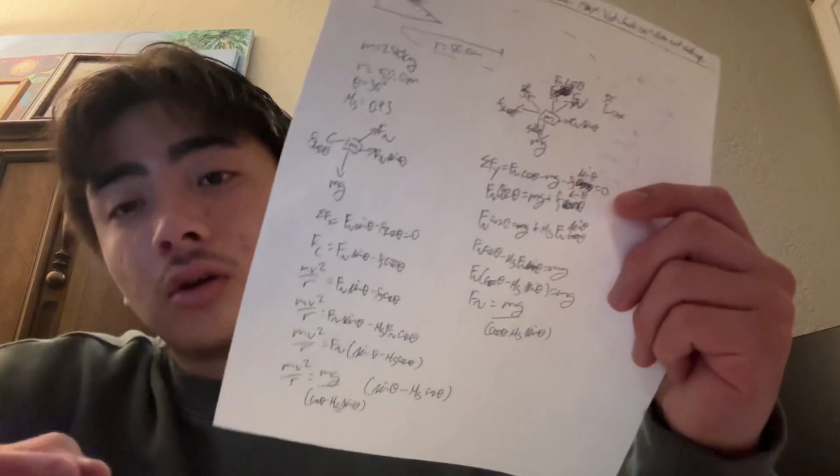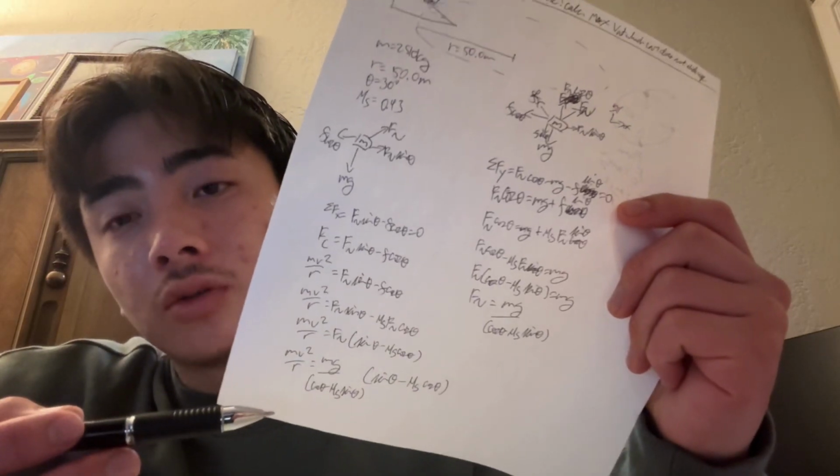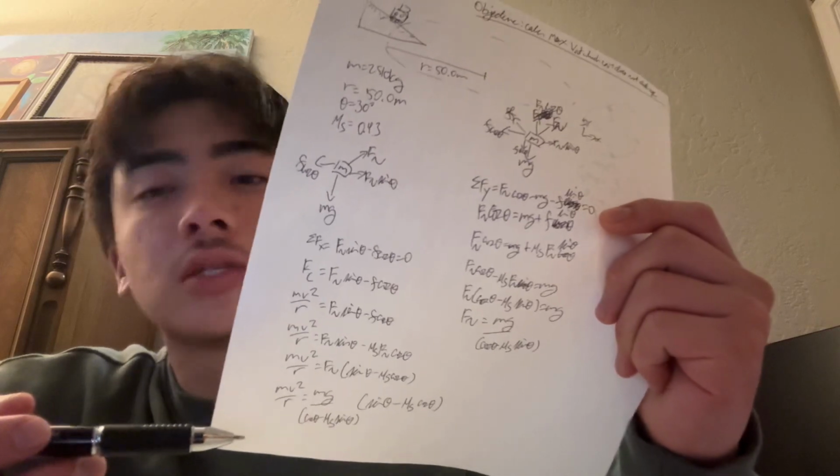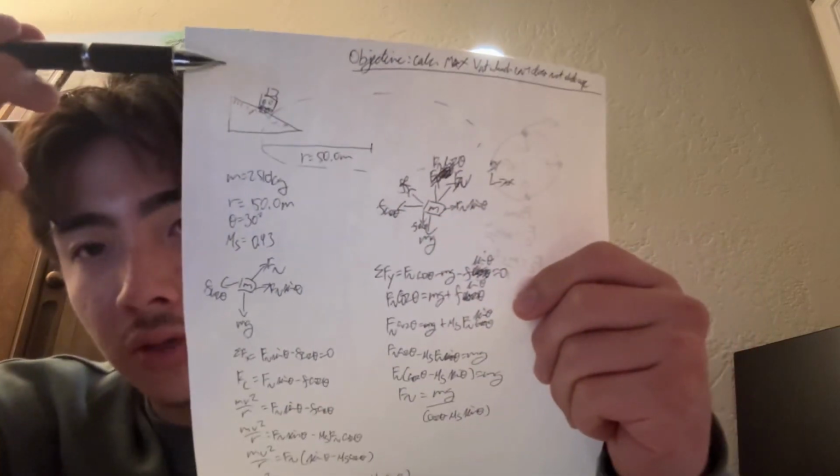So now we have a whole bunch of variables, and what we want to do is isolate v in order to complete our objective up here. So once you do that, m cancels out, divide both sides by m, they just go away.